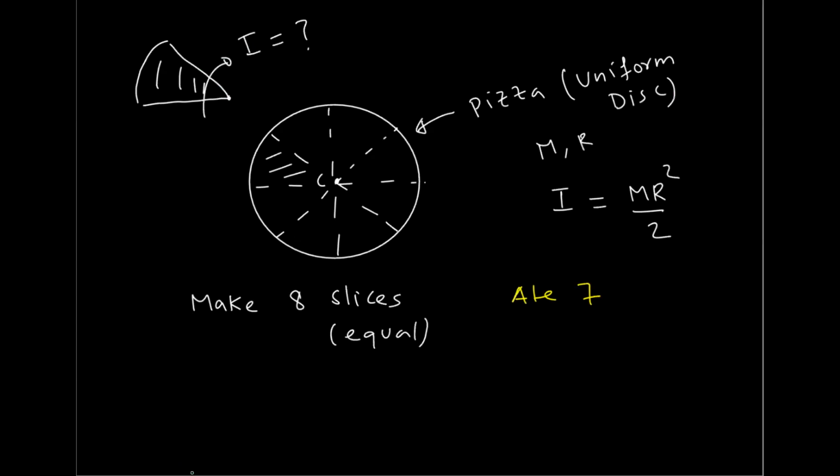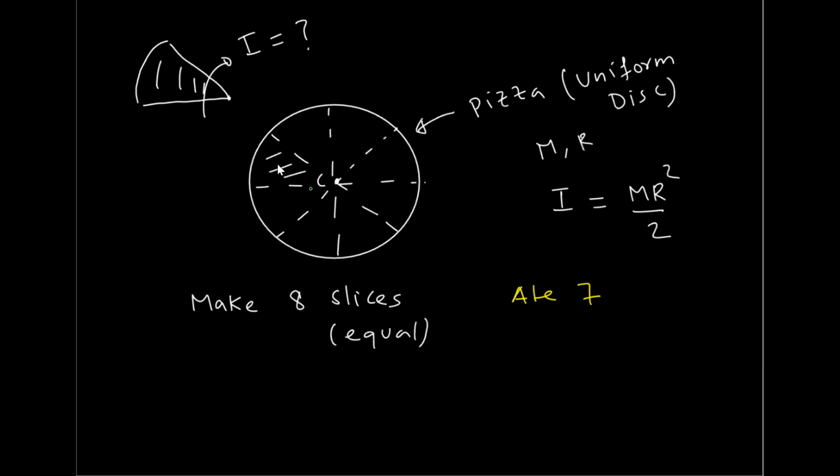So very nice. You said mr square by 16, right? That's nice. So why? Because each slice is getting rotated in an identical fashion.